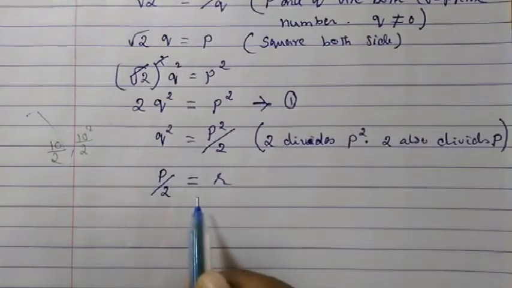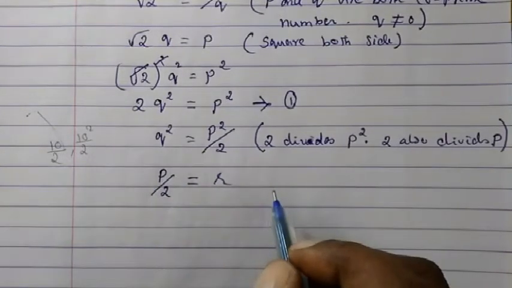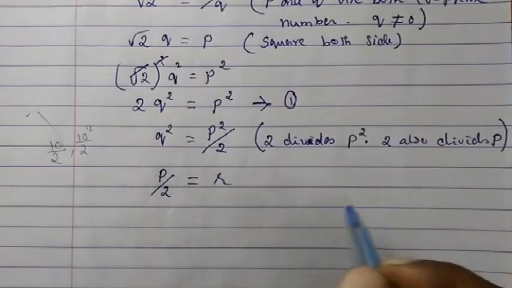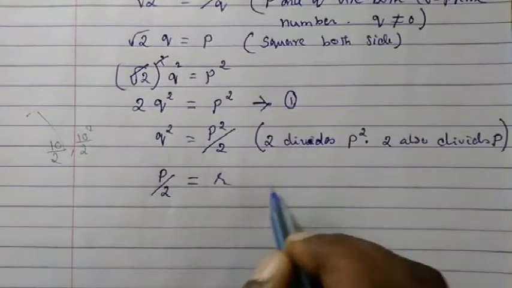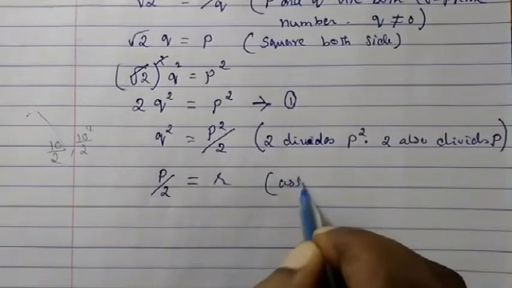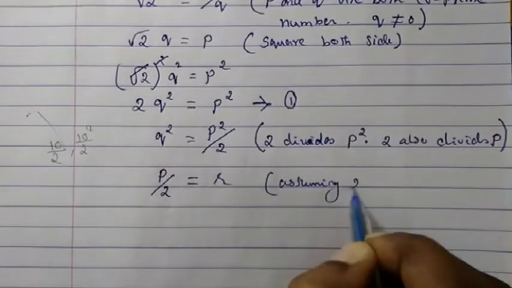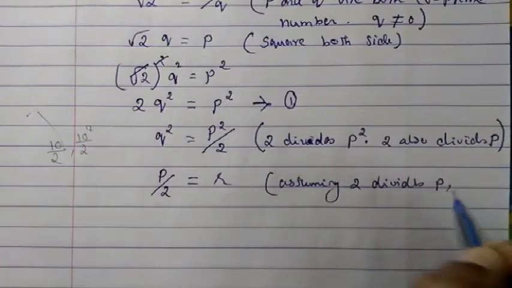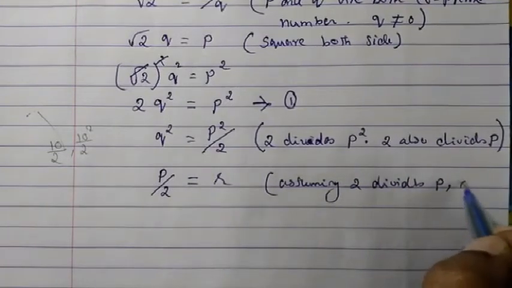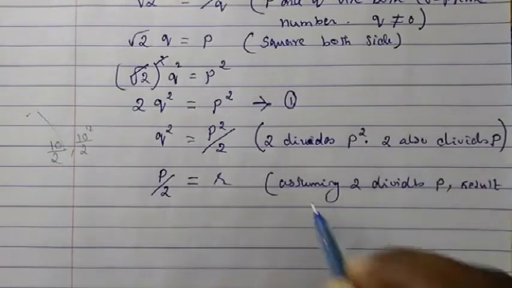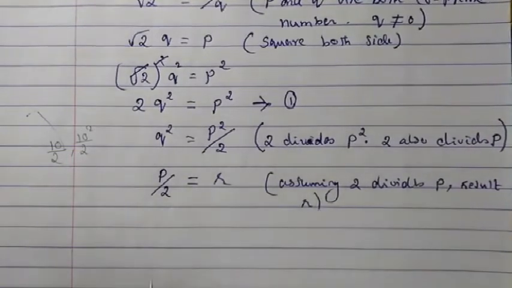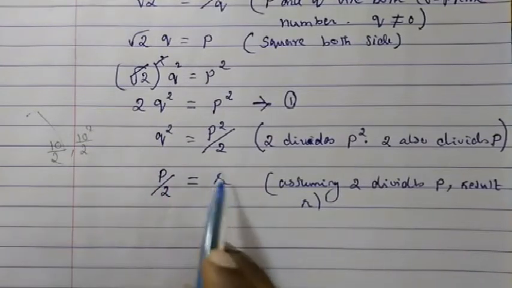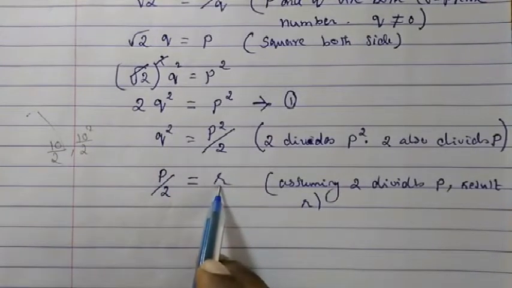When we get some answer, then we write: assume that when 2 divides p, the result we get is r. So if 2 is dividing p, some result will come, so we consider this as r.